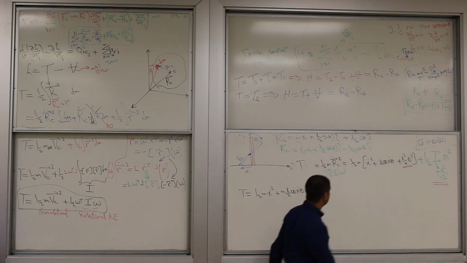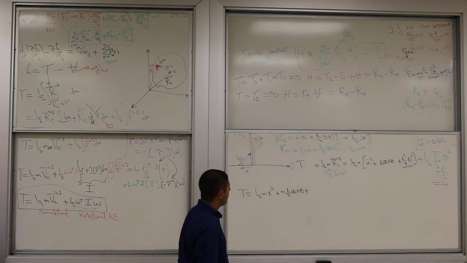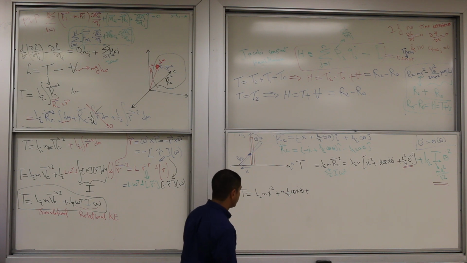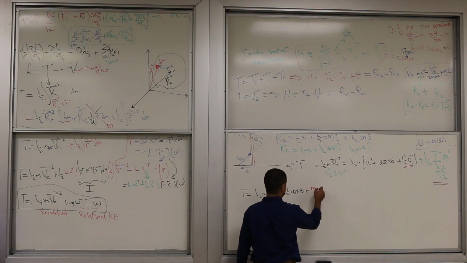So add them together. What's that? This is 1/8 and 1/24. So 4/24, so 1/6. ml squared theta dot squared over 6.